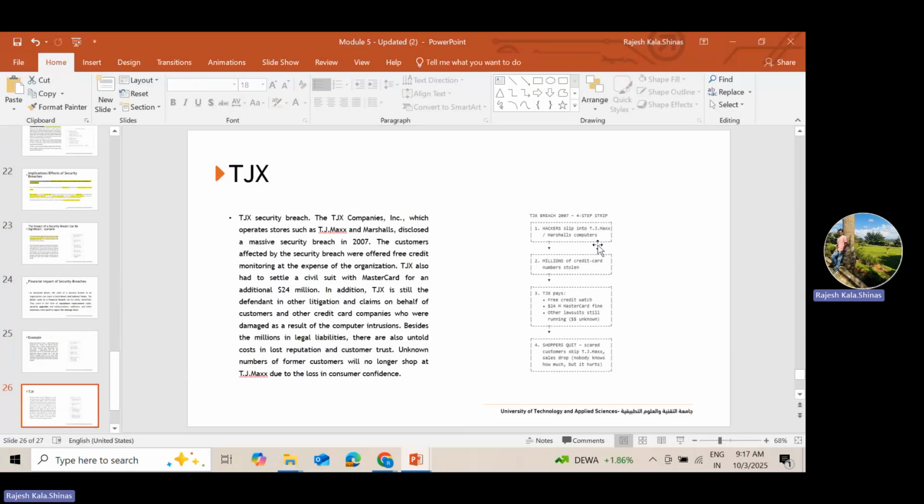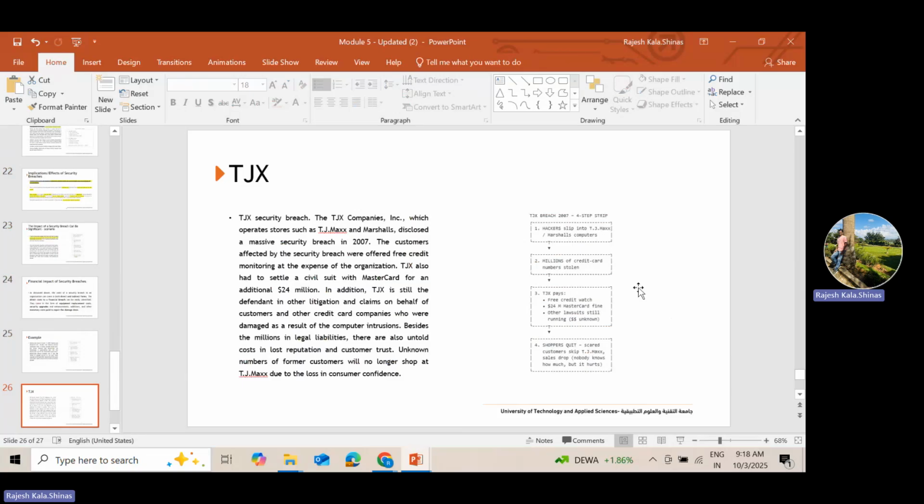Hackers got into this company's computers and stole millions of credit card numbers, the customer details, all the data.